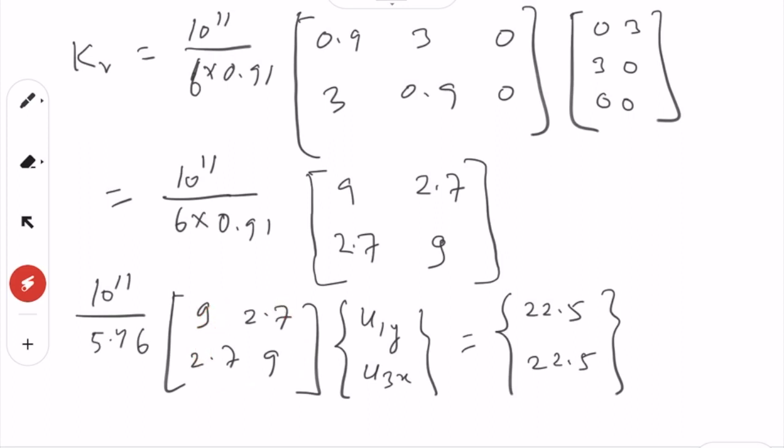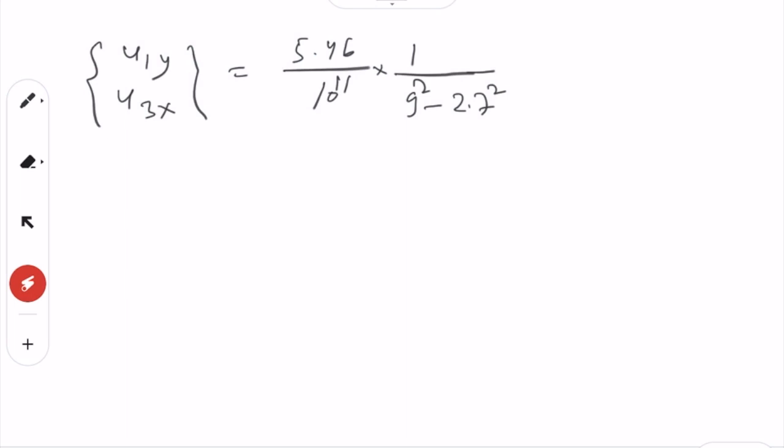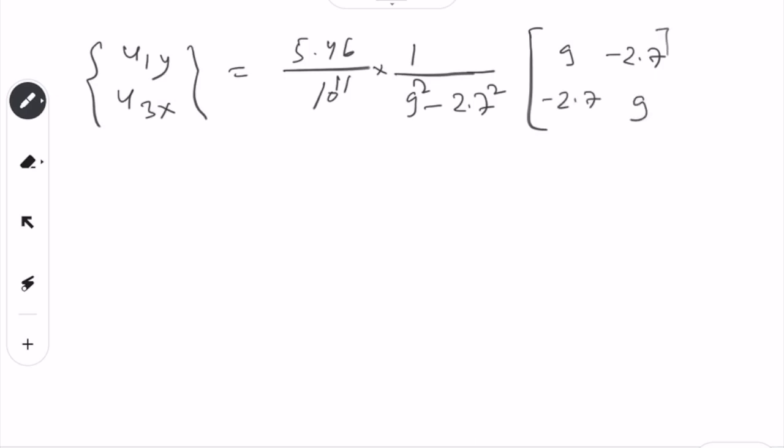So 9 and minus 2.7, minus 2.7, so the inverse of that basically. So we have 9, minus 2.7, minus 2.7 and 9, right, and then you have 22.5 and 22.5. So this is what we get.